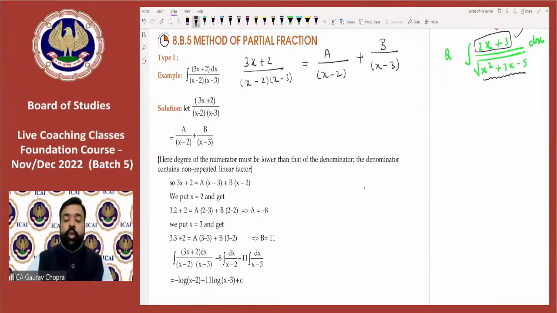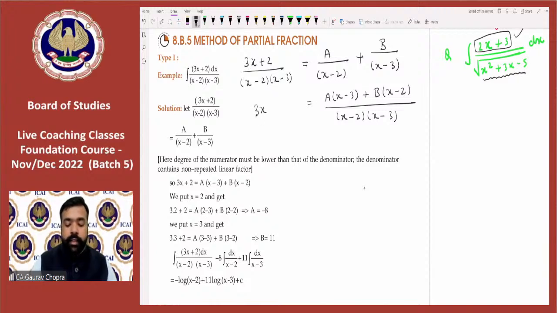So we have taken the numerators as a and b. Now we can take the LCM: a into x minus 3 plus b into x minus 2 divided by x minus 2 and then x minus 3. On the left hand side, we are still having the same values. Now we can see that in the denominator, we are having the same values on both sides.